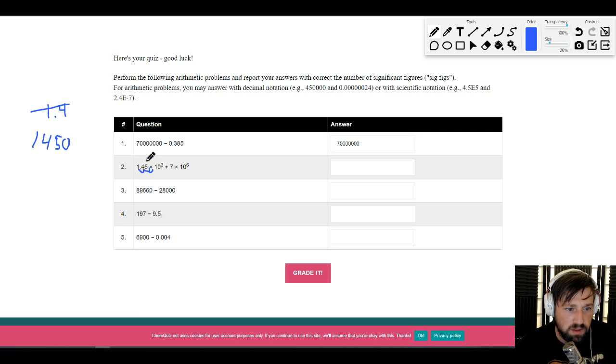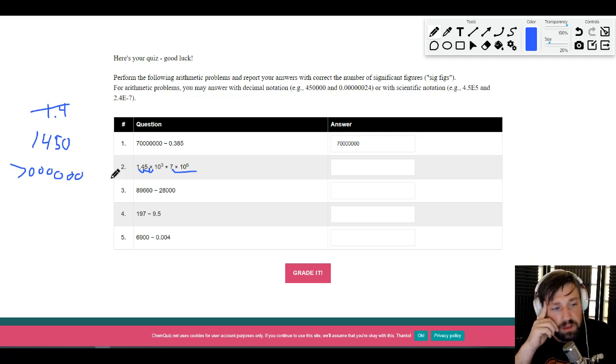If I change this to normal notation, what is that? 700,000. So if I move this over 6, no, that's million. That's 7 million. Yep. So that's 7 million.